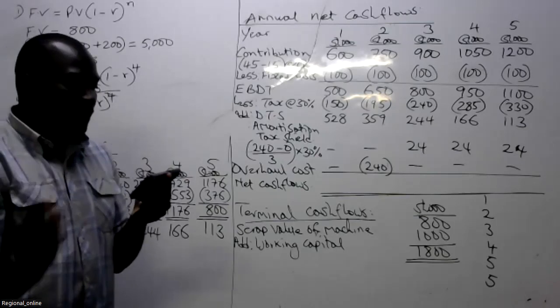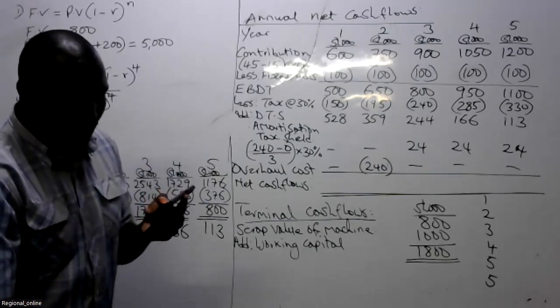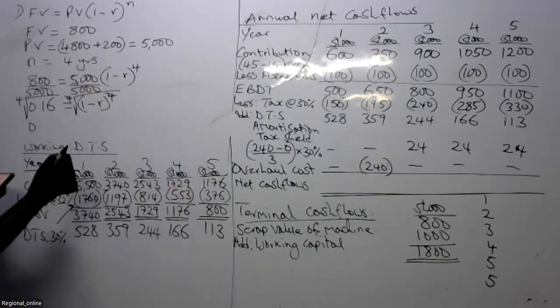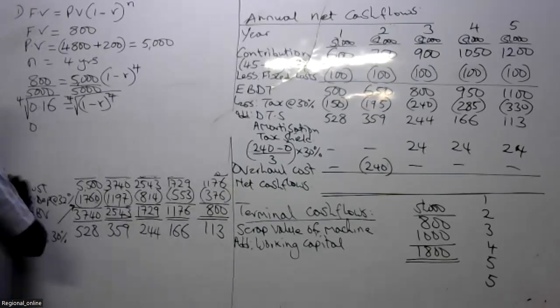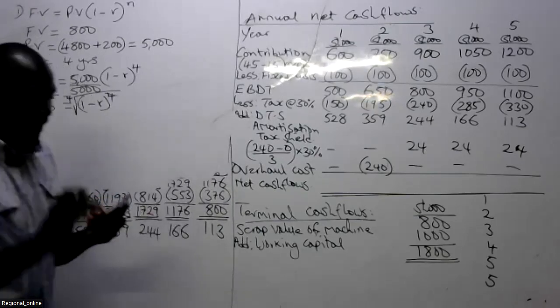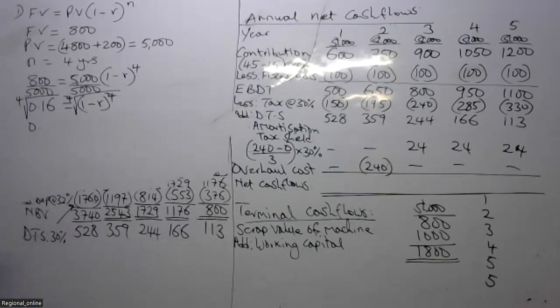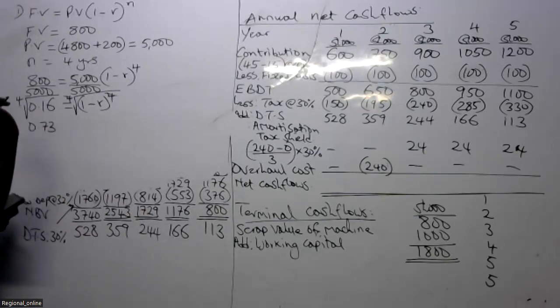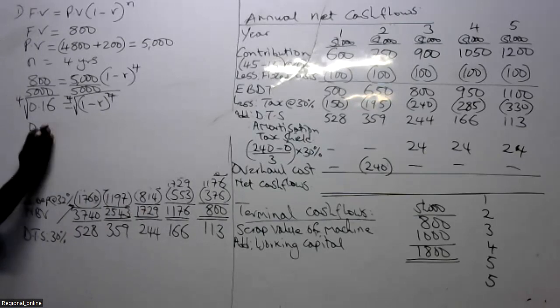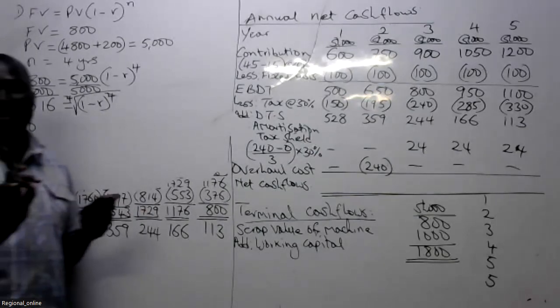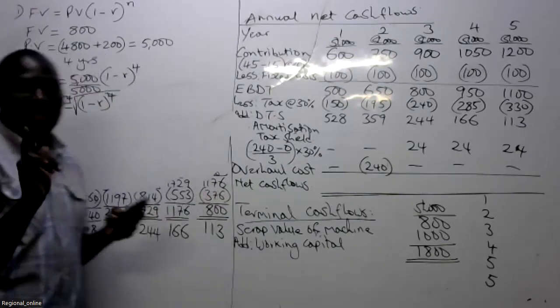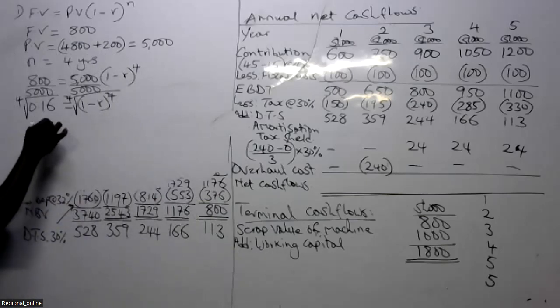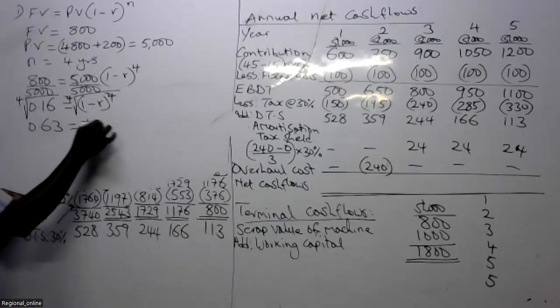As long as it's coming from the calculator. Zero point 73. You have done the fourth root. 0.63 equals 1 minus r.